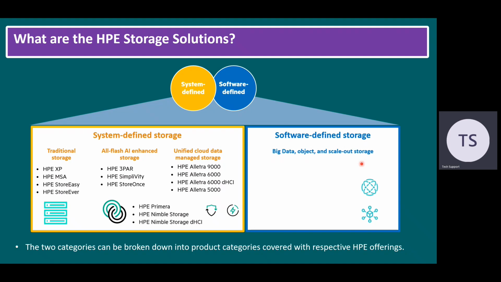And the storage solutions we provide are HPE StoreOnce Virtual Storage Appliance, that is VSA. That means it's not physical, it is completely software only. Another one is HPE Zerto. HPE Zerto also provides software defined storage, and it has additional capabilities like disaster recovery, and it can replicate the data from site A to site B and so on.